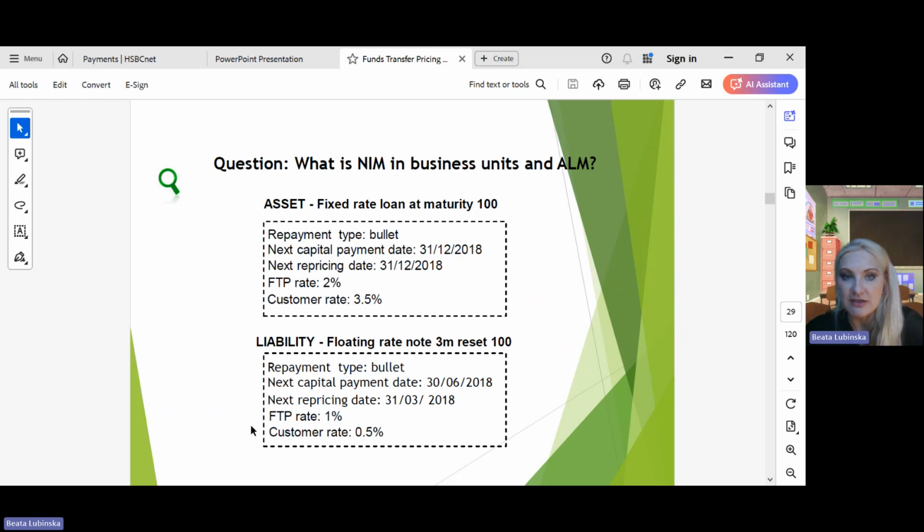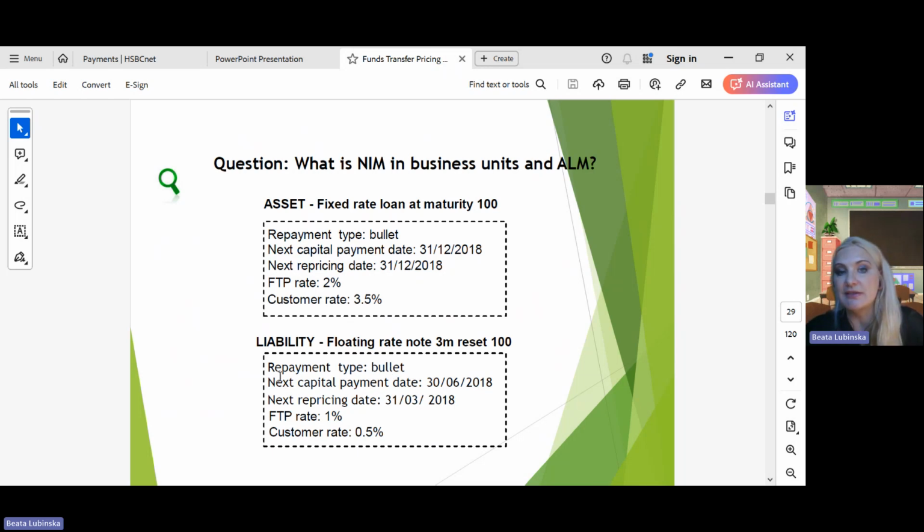And this position is funded by the floating rate note with quarterly repricing. So we have 3 months repricing and 100 notional. The repayment type of this position is bullet. We don't have any amortization profile.